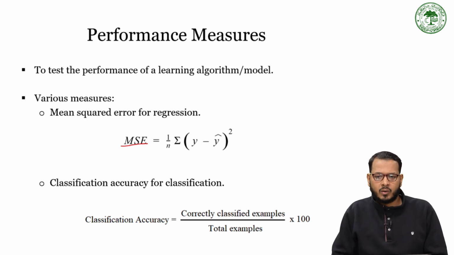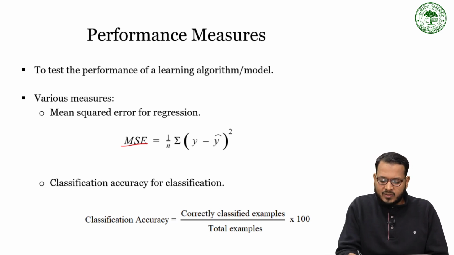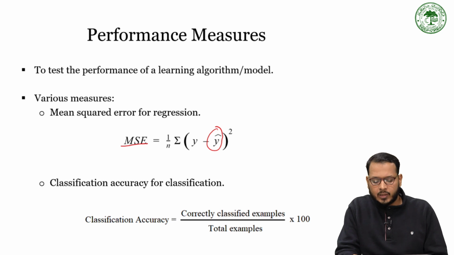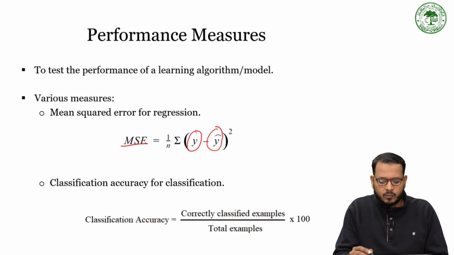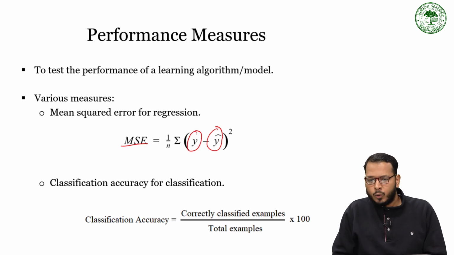It is a measure of the average squared differences between the estimated value, so y cap here represents the estimated value, and the actual value, which is y. A lower error indicates that there is less difference between the actual and estimated values, and it also means that the model predicts more accurately.